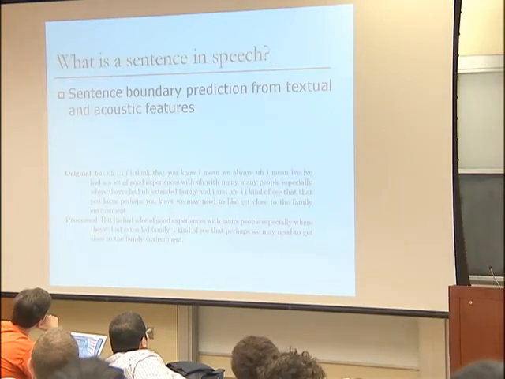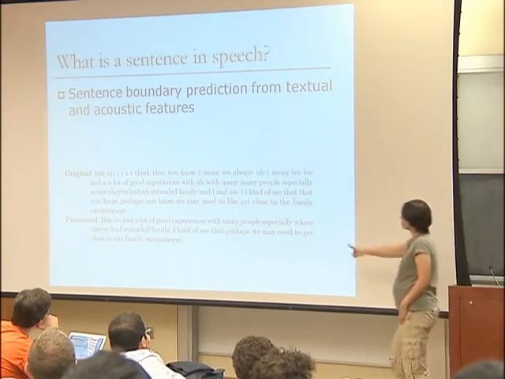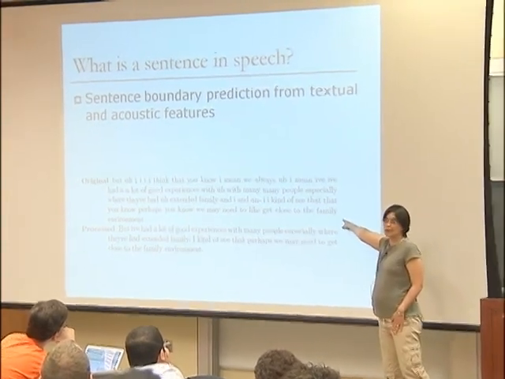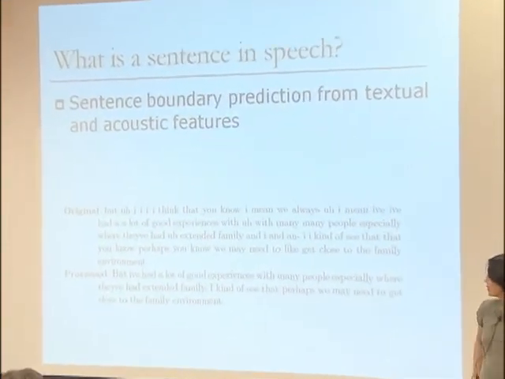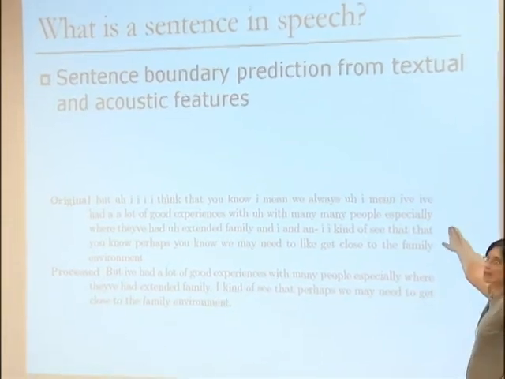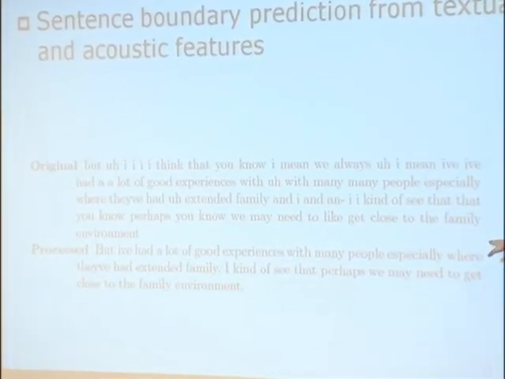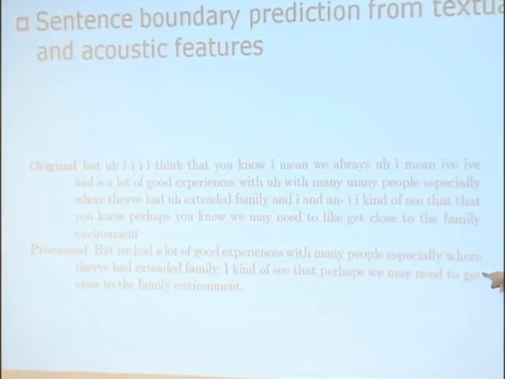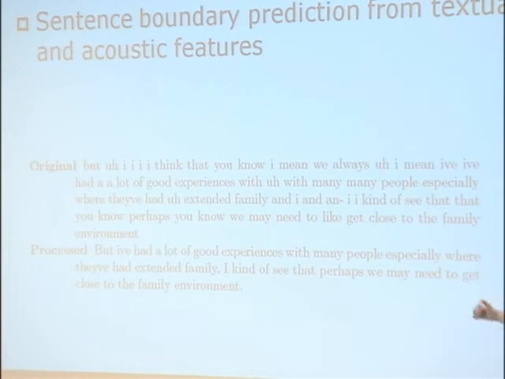And especially if you have an utterance like this, which is an actual utterance from Switchboard. Look at this. But I think, you know, I mean, we always, I mean, so it's this long hesitation. How much can you lose if you try to pre-process and do this sentence condensation to get this? So one thing that you need to remove is the disfluencies.